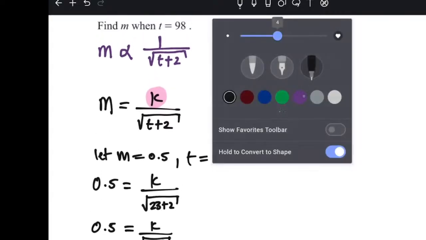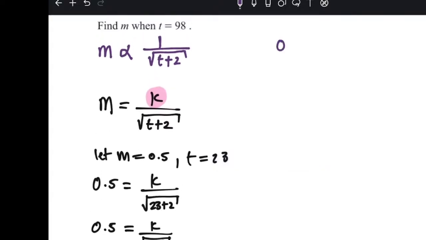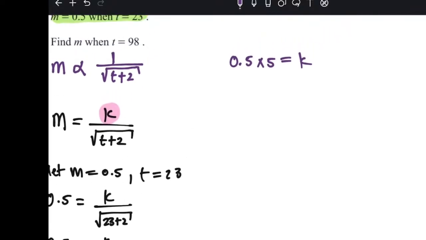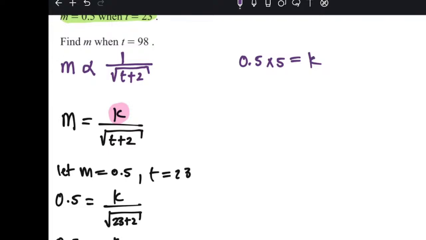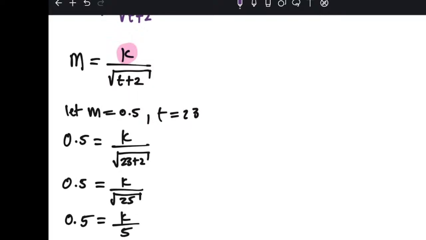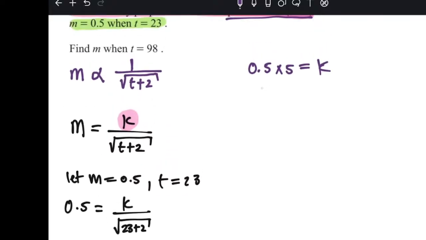We say 0.5 times 5 is equal to k, because you take 5 to the other side, it will go and multiply there. What's 0.5 times 5? It's 2.5. This is k.